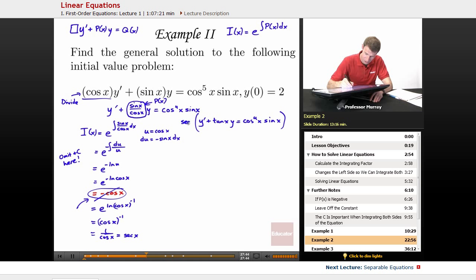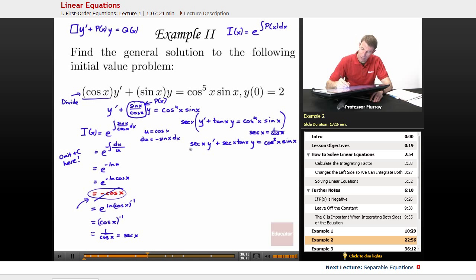So we'll multiply both sides by secant x, and we'll get secant x y prime plus secant x tan x y is equal to, now remember, secant x is 1 over cosine x, so we're really dividing by a cosine x. So we'll go down now to cosine cubed x sine x.